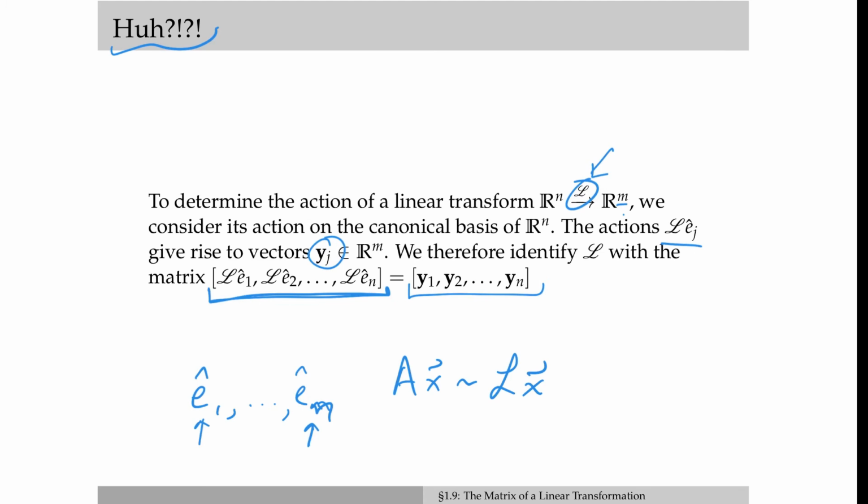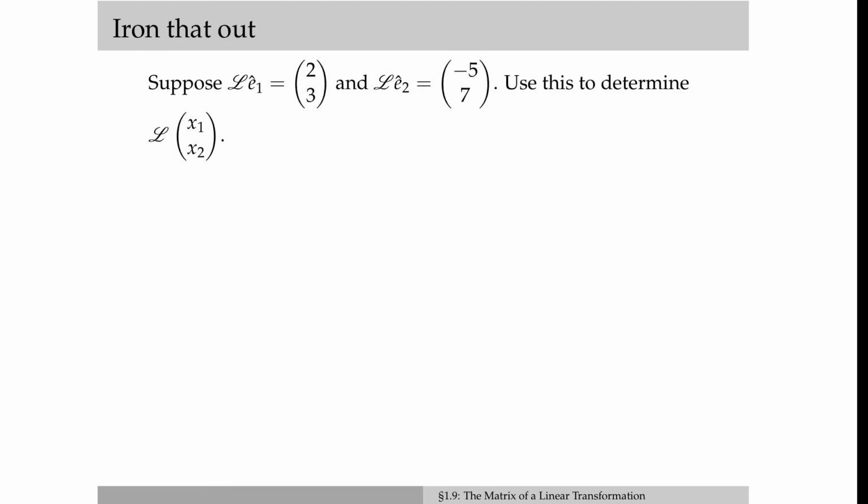Let me remind you, I write down what L does to each one of these basis vectors, and that's the result. So let's suppose L acts on E1 by producing this vector, and L acts on E2 by producing that vector. What I wanted to do is determine L's action on an arbitrary vector.